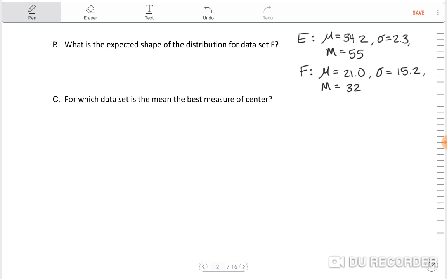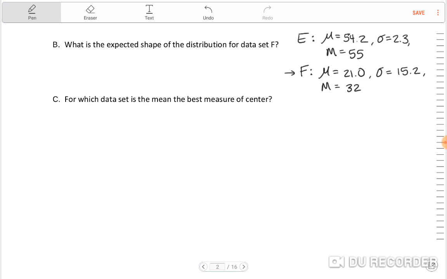Okay, so now let's look at this question again. What is the expected shape of the distribution for data set F? Okay, so we're looking at F here. That's this one. And we want to know what is the shape, right? If you remember way back in chapter 2, when we talked about this, we were trying to figure out: what is the mean and the median when you compare them?